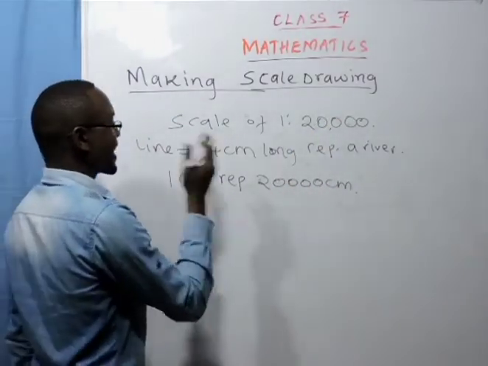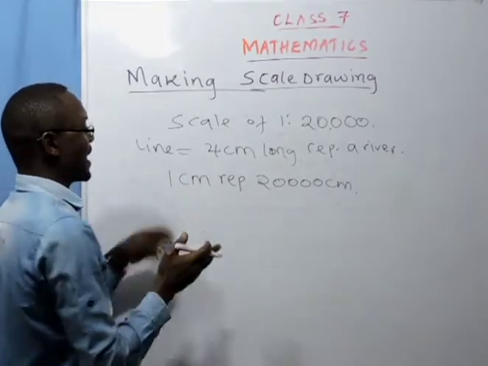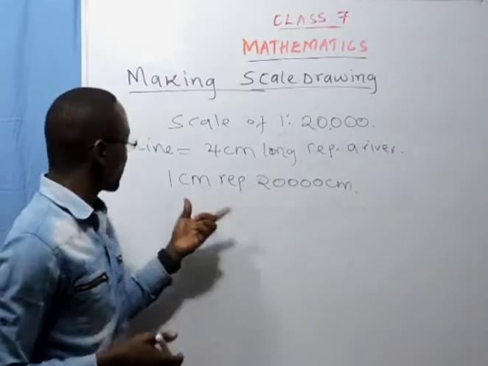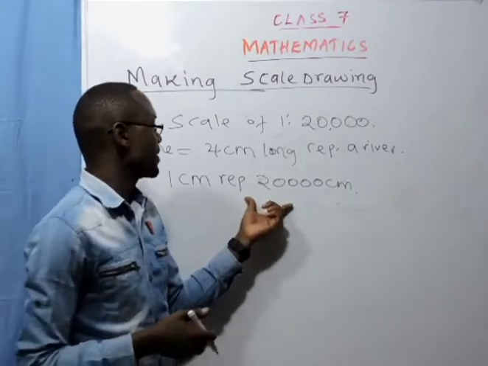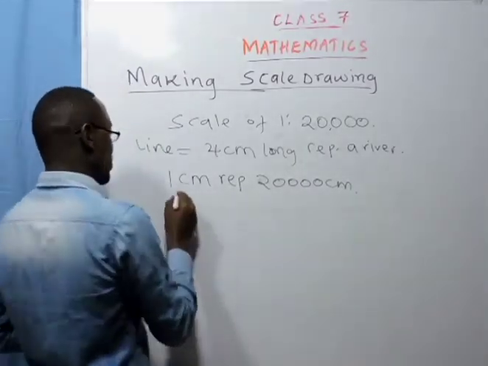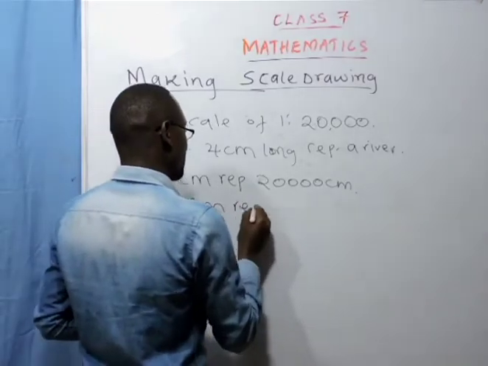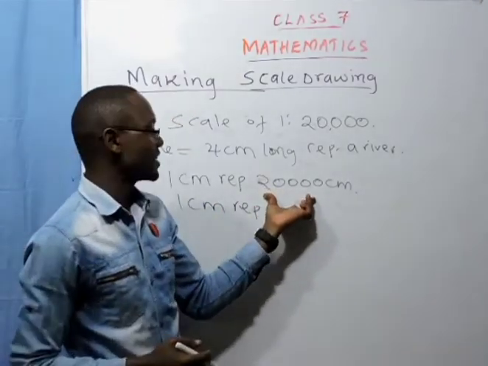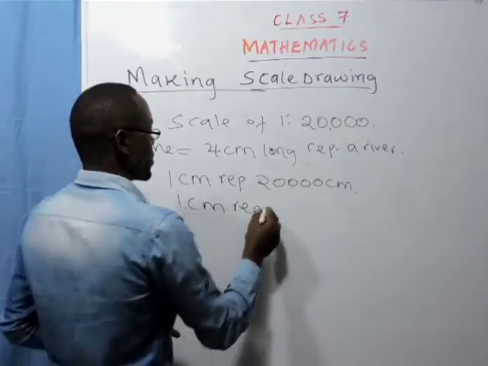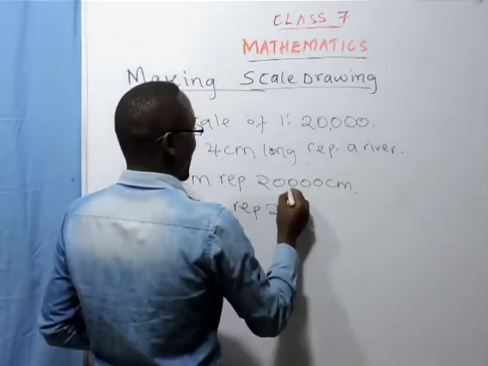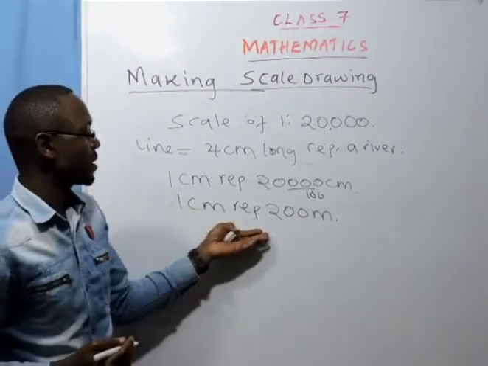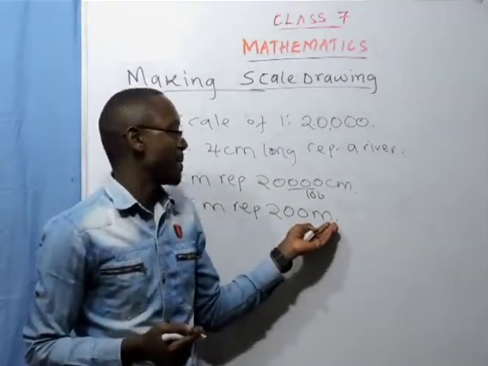So, if 1 centimeter represents 20,000 centimeters, 1 centimeter represents how many meters? Convert 20,000 centimeters to meters. We divide by 100. So our scale will be 1 centimeter represents 200 meters.